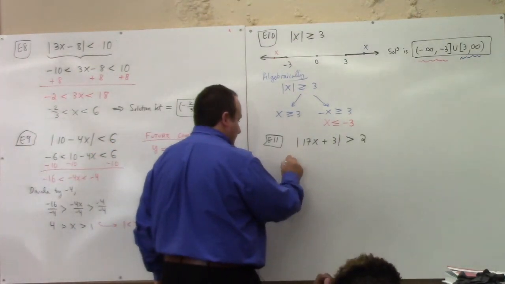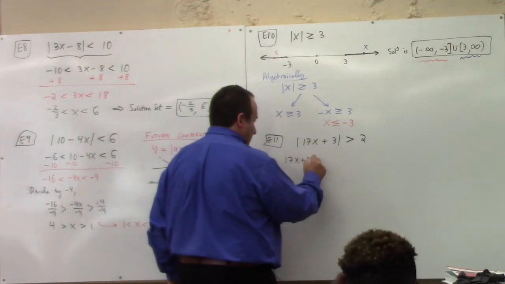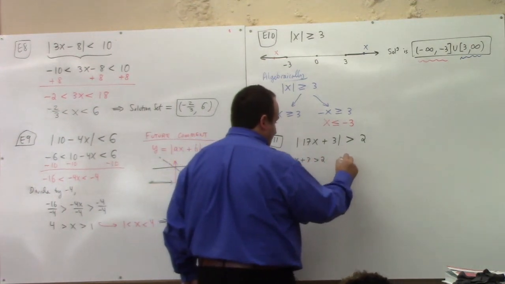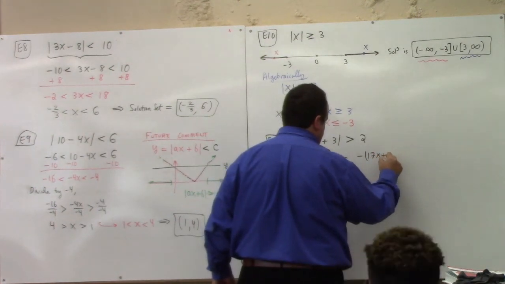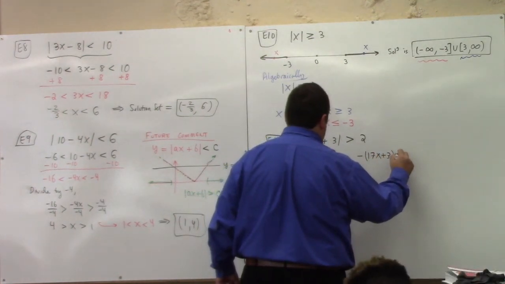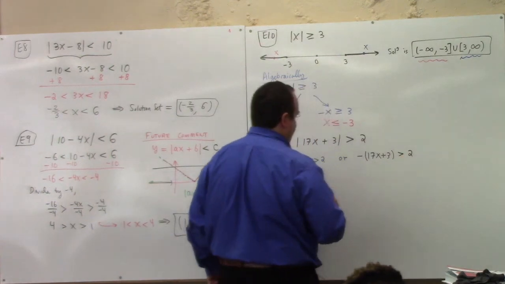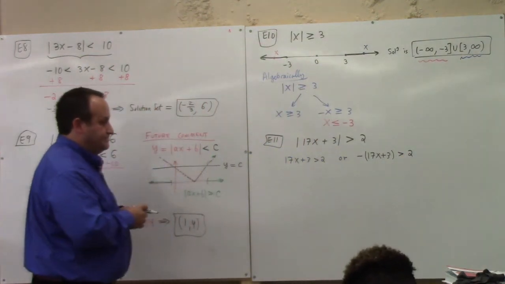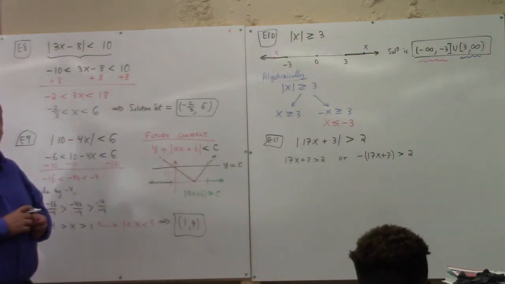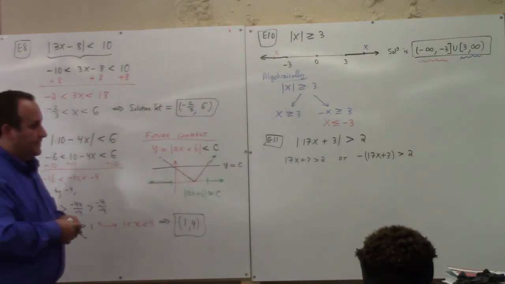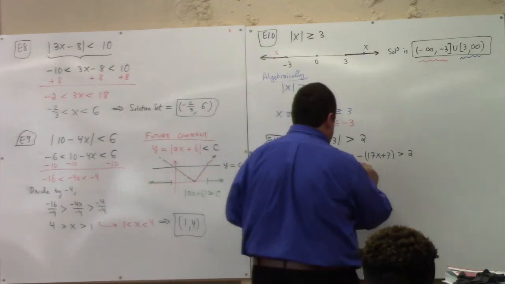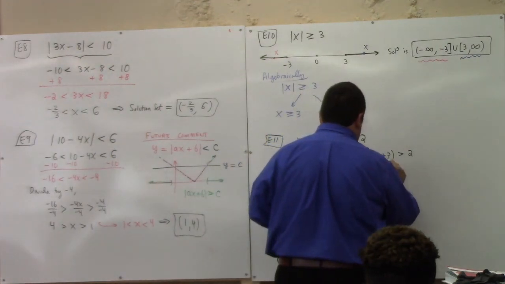We face 17x plus 3 greater than 2, or minus parentheses 17x plus 3, close parentheses, greater than 2. So we have to solve these inequalities separately. This one, I'll simplify. This is minus 17x minus 3 greater than 2.